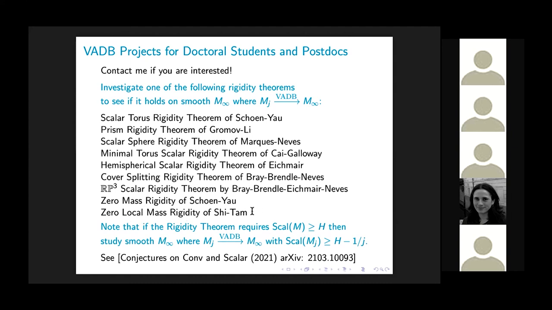It says that you have scalar non-negative if and only if the zero local mass rigidity holds for all small neighborhoods that have convex boundaries. So this one is another candidate for looking at as a first step of those two pairs of steps. This has not been looked at much yet, so it would be interesting to check it for VADB convergence. Okay, all of these conjectures are talked about in this paper, which I don't know if I linked to it in the chat.